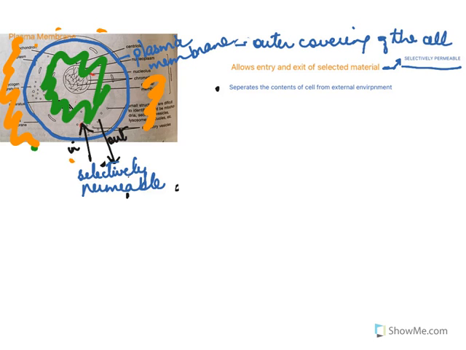Now in the next part, we will see how some material enters and leaves the cell. Let us take the first example of oxygen. We'll see the movement of oxygen into and out of the cell.